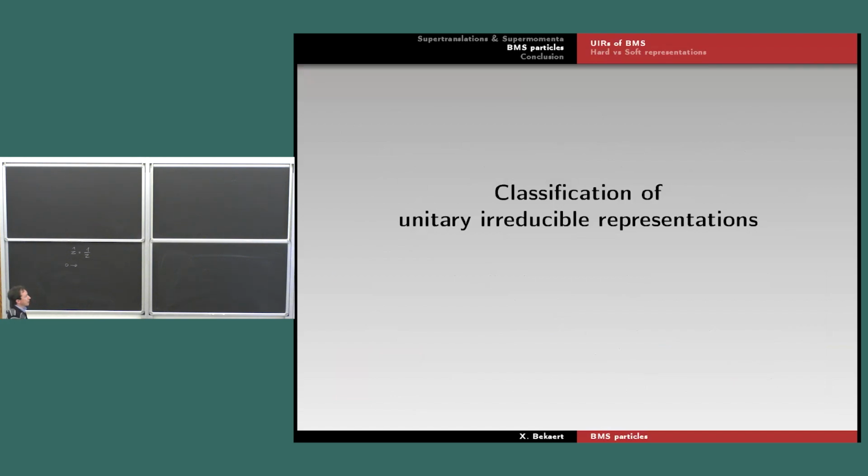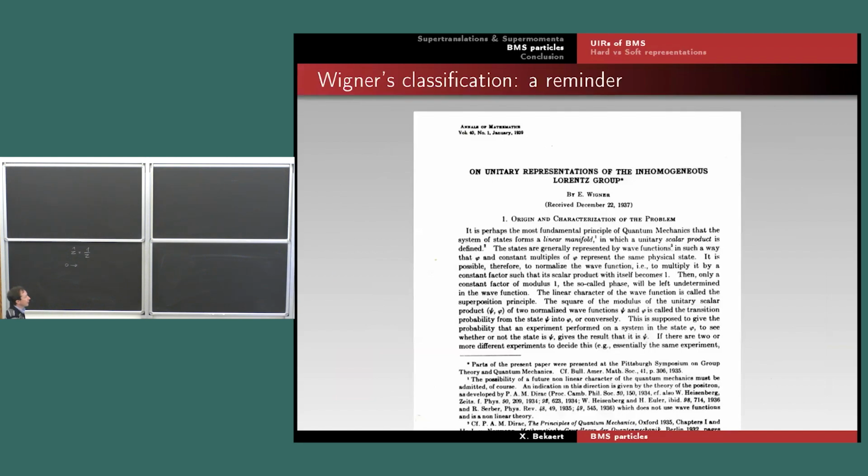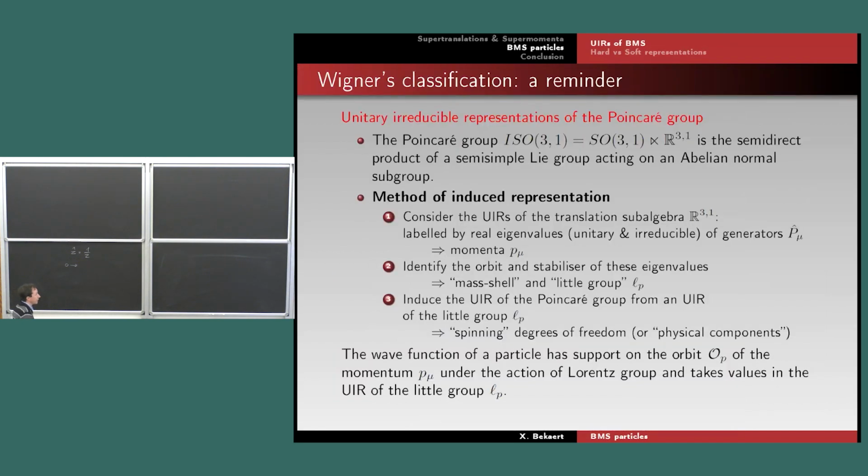Okay, so let us start smoothly by very quickly reminding, in order to compare and give the logic, how it goes for Poincaré. We use the fact that it's a Lorentz group acting on an abelian normal subgroup. So the idea is you first consider the unitary irreducible representations of the abelian subalgebra.